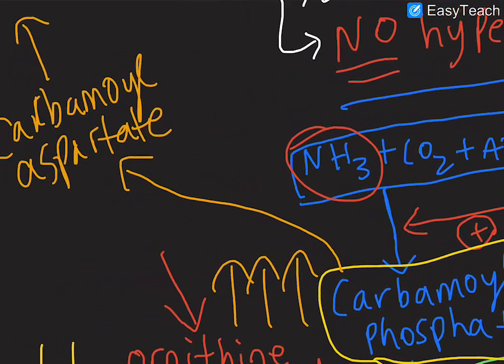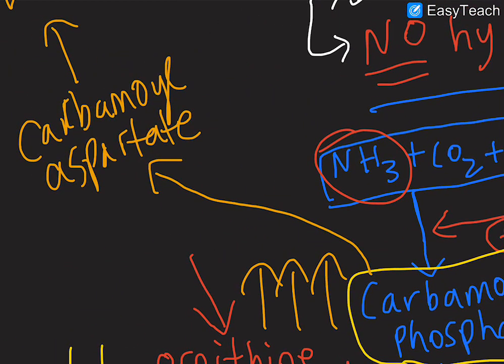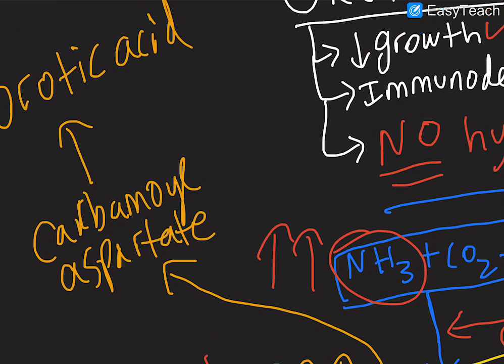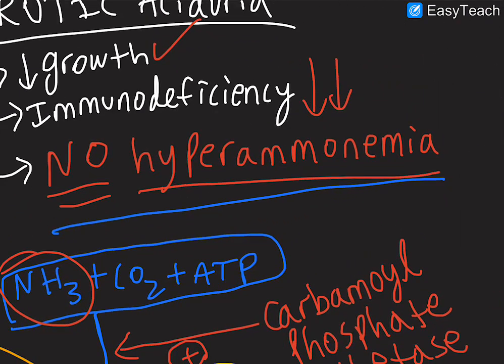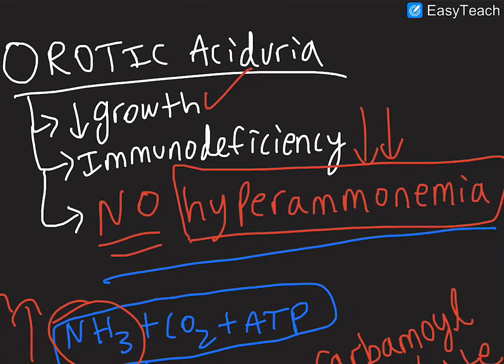So along with increased orotic acid levels, we'll also have increased ammonia levels in ornithine transcarbamylase deficiency, not in UMP synthase deficiency as we see in orotic aciduria. That's what I mean by we don't have increased ammonia levels in our blood in orotic aciduria, but we do in ornithine transcarbamylase deficiency.